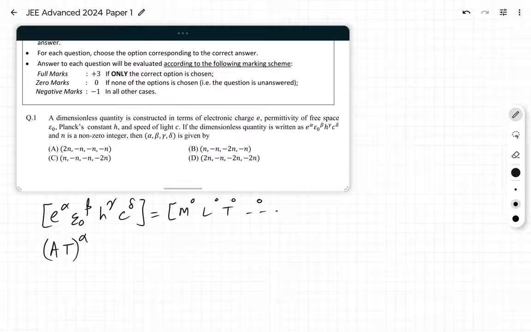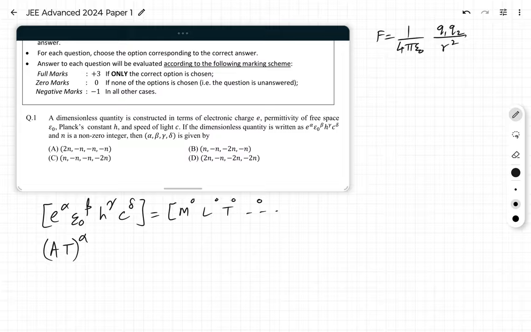to the power alpha. Epsilon naught is the permittivity of free space, which we can get from Coulomb's law. Force equals 1 by 4 pi epsilon naught times Q1 Q2 by r squared.